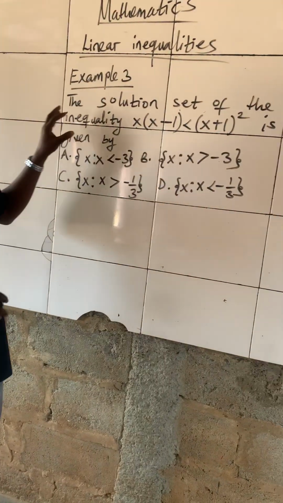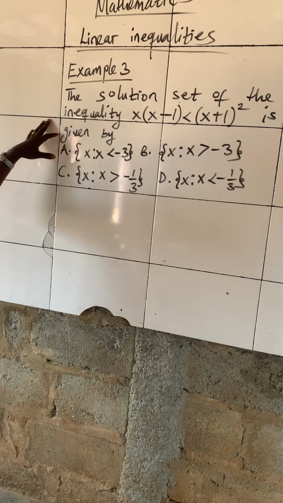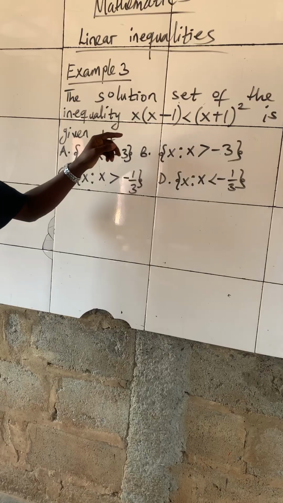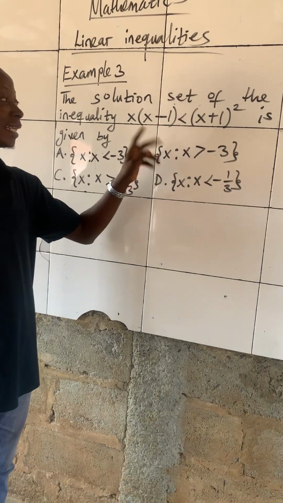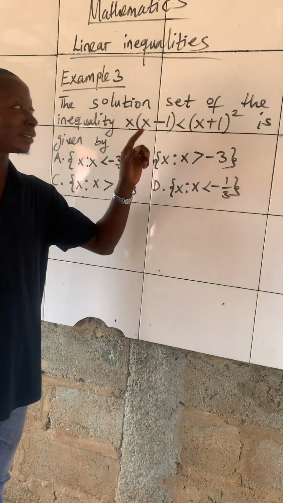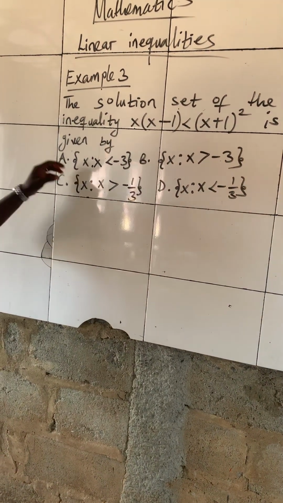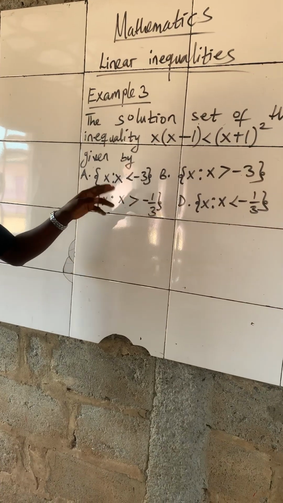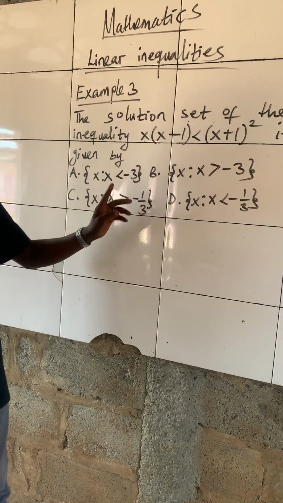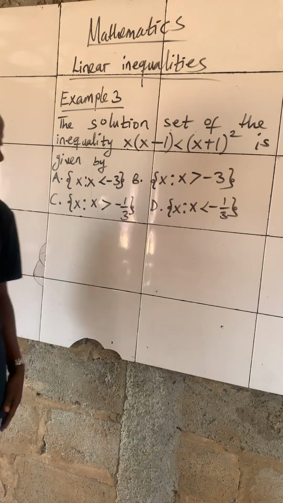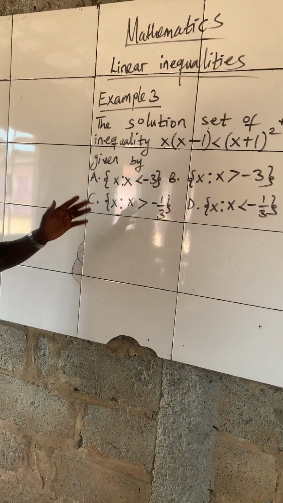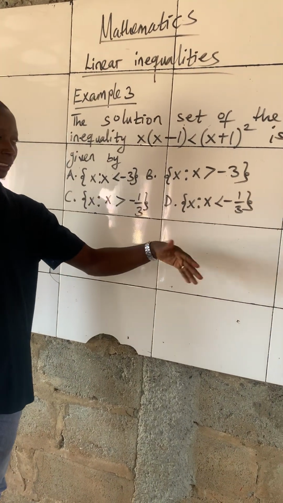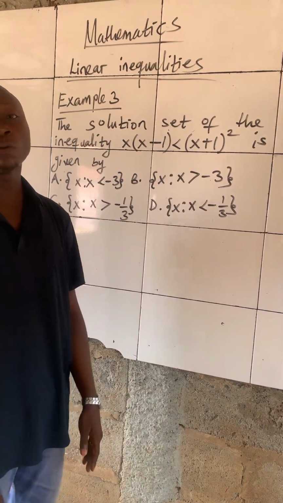The solution set of the inequality x(x - 1) < (x + 1)² is given by, so these are the options: A, {x : x < -3}; B, {x : x > -3}; C, {x : x > -1/3}; D, {x : x < -1/3}.